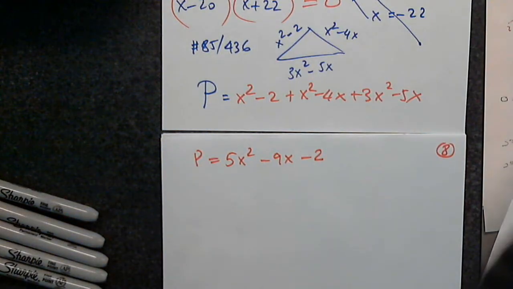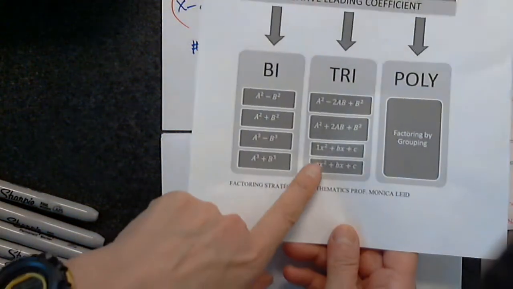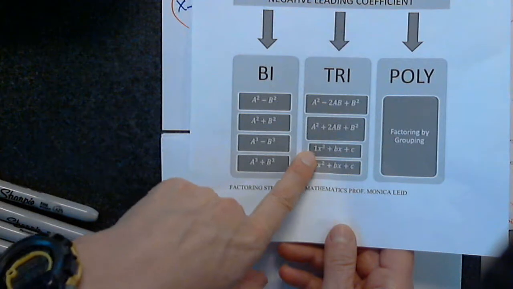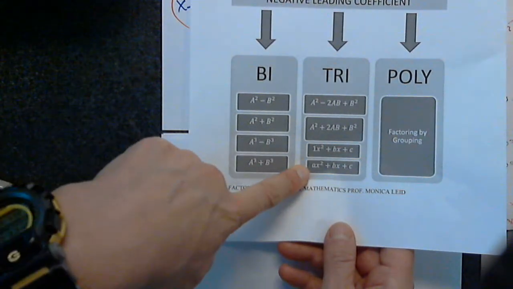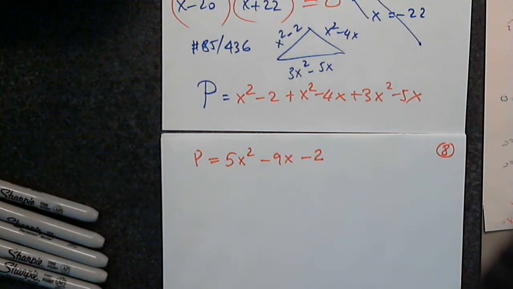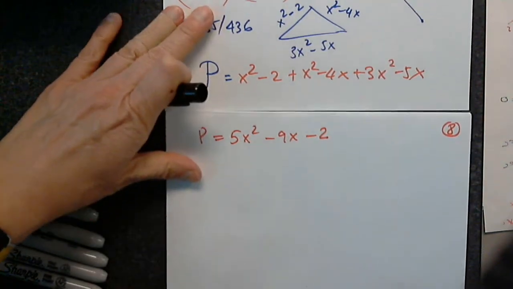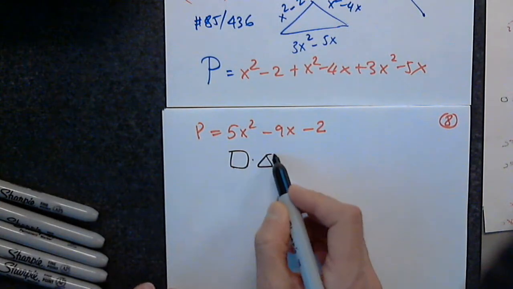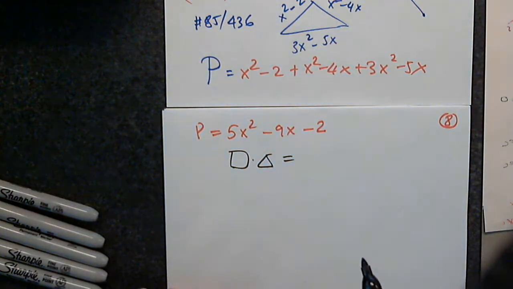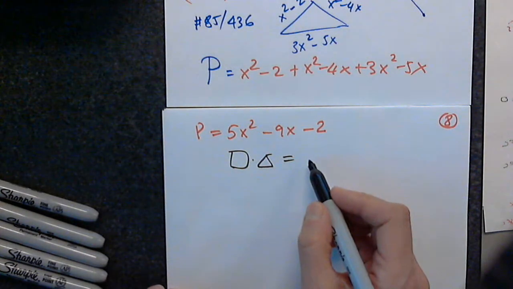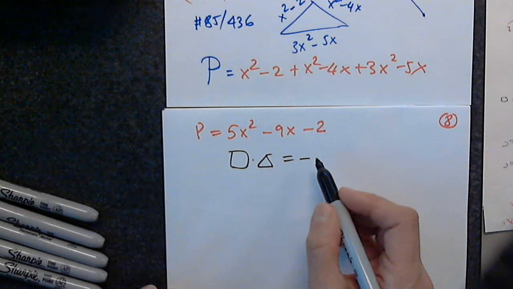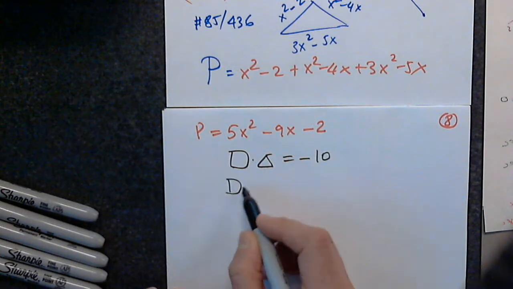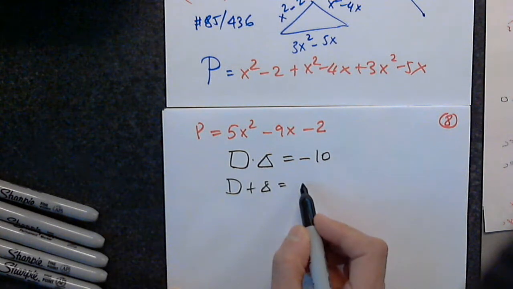Any special product works here? No. Is 1 the leading coefficient? No, so this is my last chance. So what do I have to find? I have to find 2 numbers whose product is negative 10 and whose sum is negative 9.